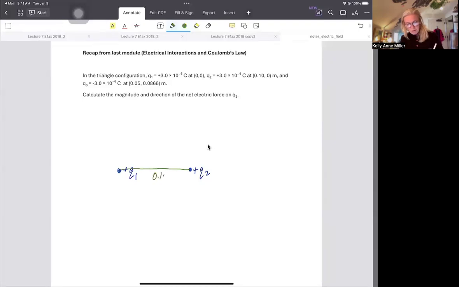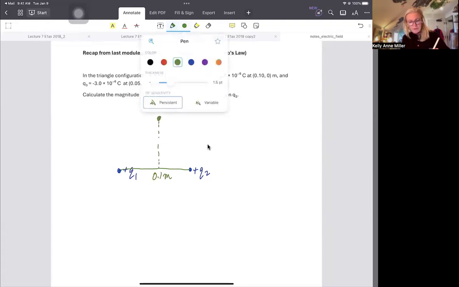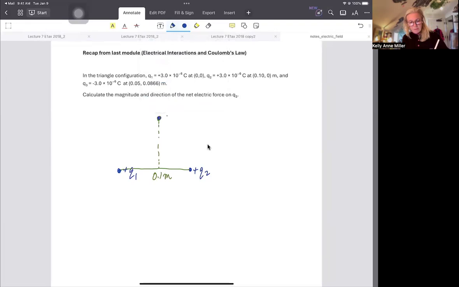And then we've got a third charge that is up a distance of 0.0866, which is a weird number. And it's midway. So let me draw it here. It's up here. So this is plus, and that is a negative charge, Q3.